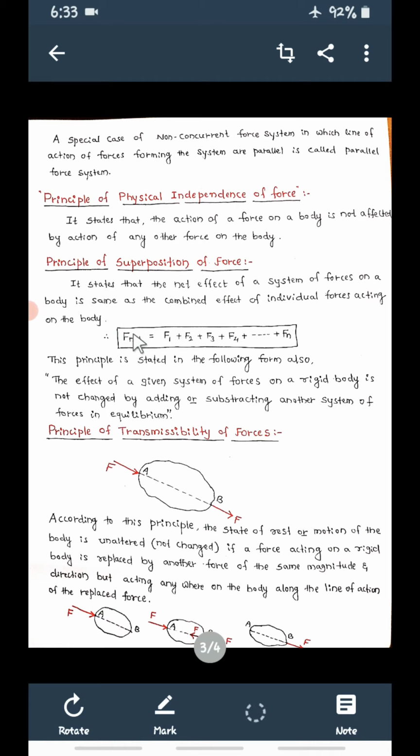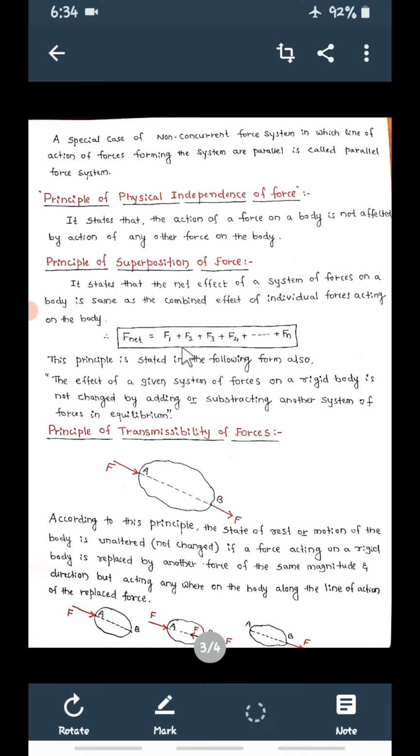So net effect, now assume that there are four forces acting on a body. Because of these four forces there will be a total effect on the body. That total effect is called the net effect, that is F net is equal to, this total effect is nothing but what? Addition of the effects of individual forces. So F1 will have its own effect, F2 will have its own effect on the body, F3 will have its own effect, and F4 will have its own effect on the body.